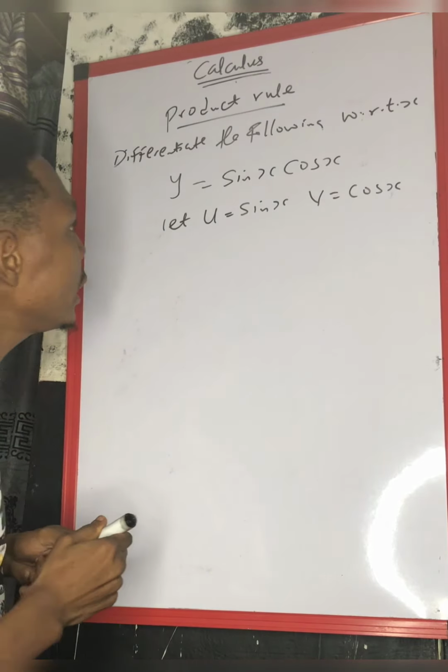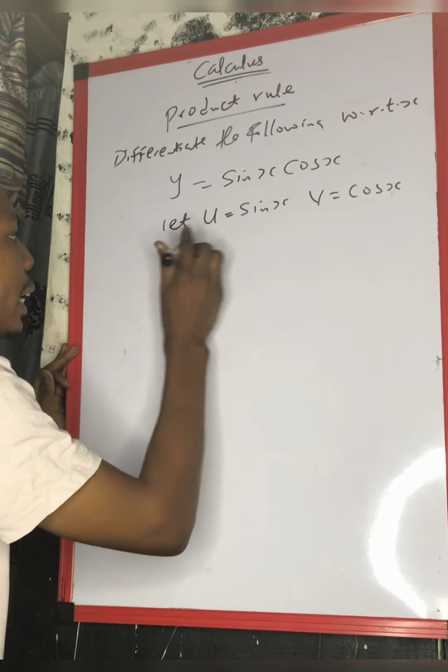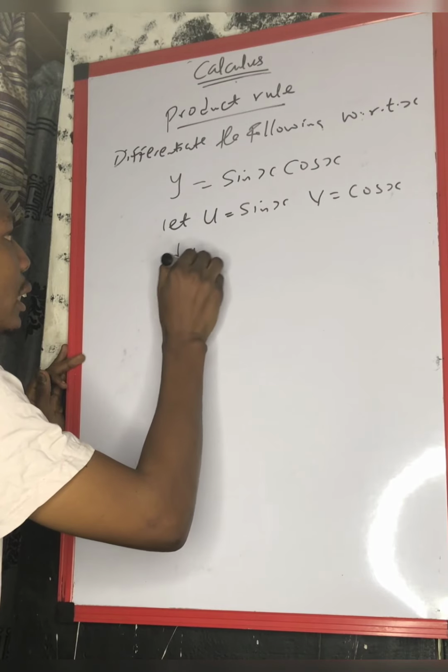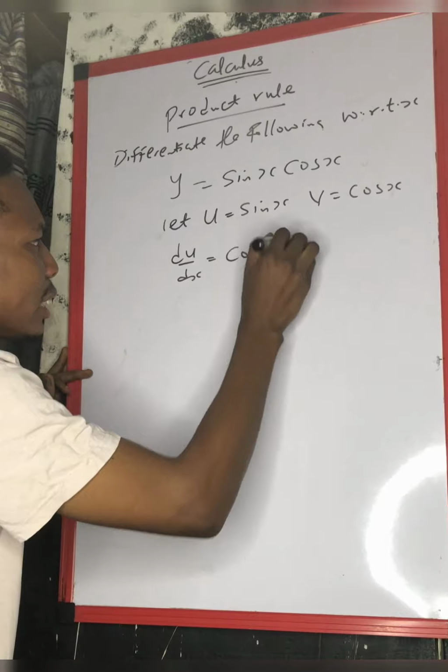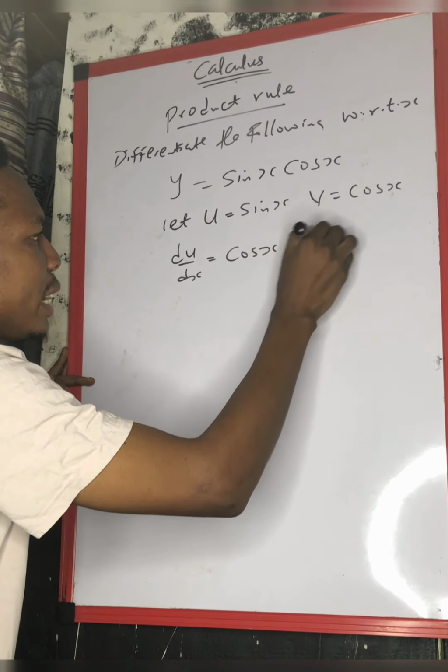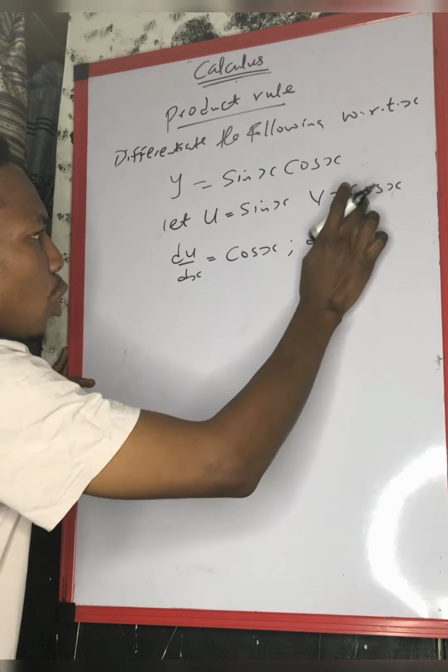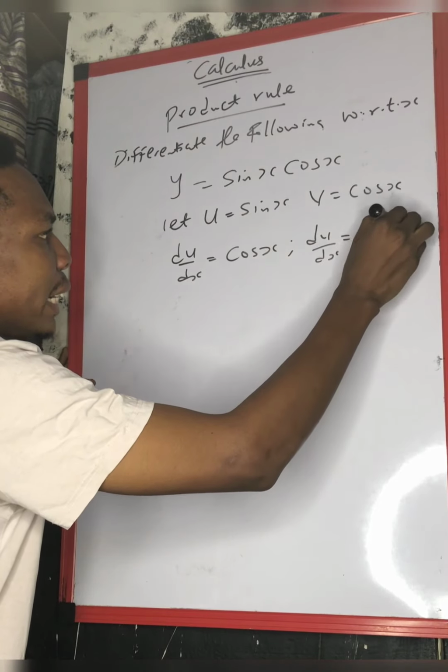You differentiate u with respect to x, so du/dx equals, if you differentiate sine x, cos x. The next one, dv/dx: if you differentiate cos x, you have minus sine x.